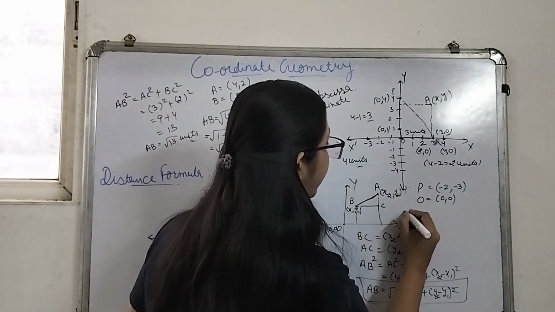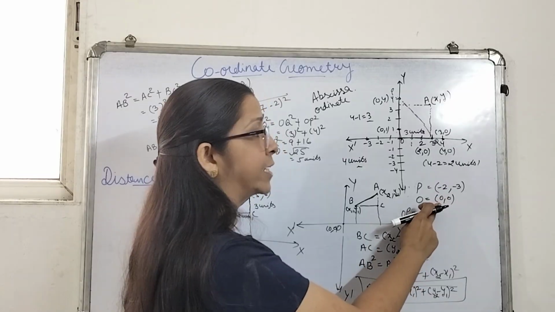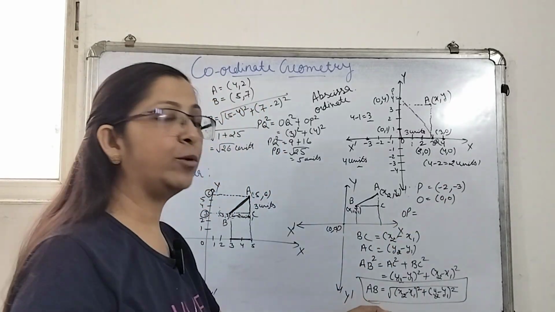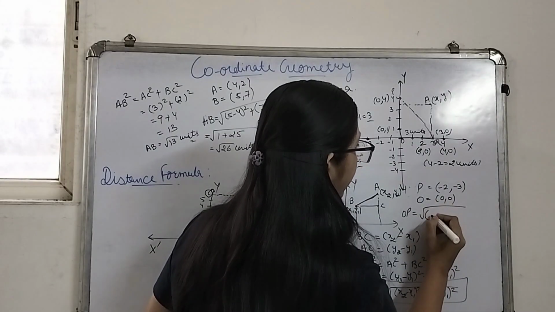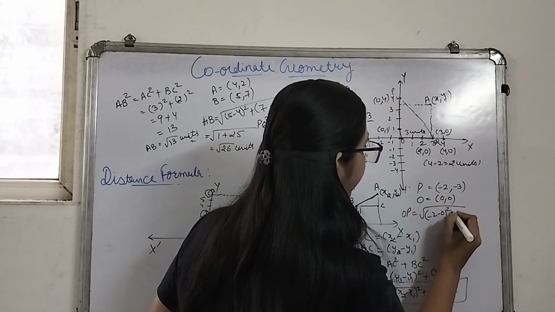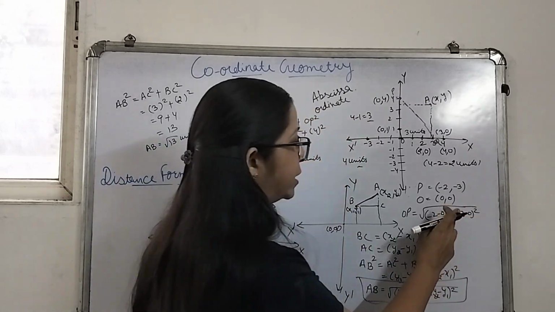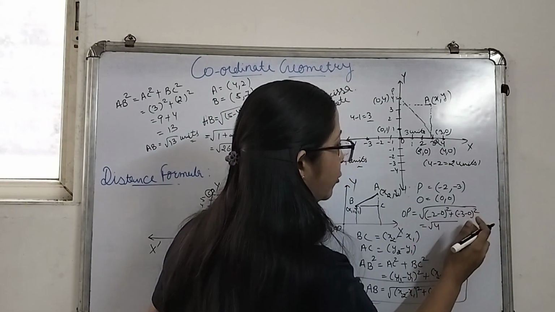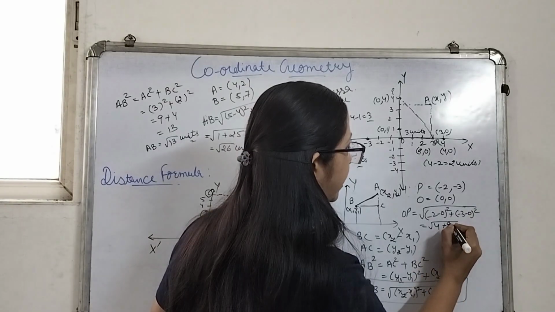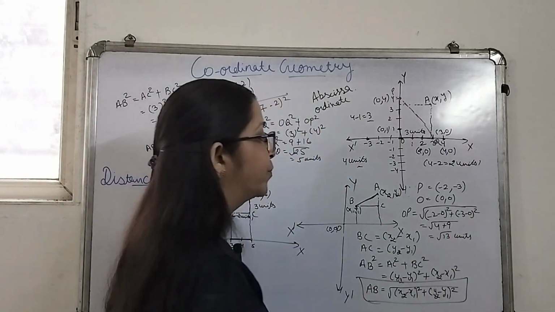So OP will be, suppose I take the origin as x1, y1 and this point as x2, y2. Using the distance formula, it will be x2 minus x1 whole square plus y2 minus y1 whole square. So it will be minus 2 whole square, that is 4, and minus 3 whole square, that is 9. So root of 13 units will be the distance from the origin.